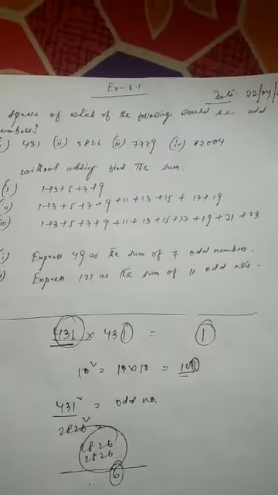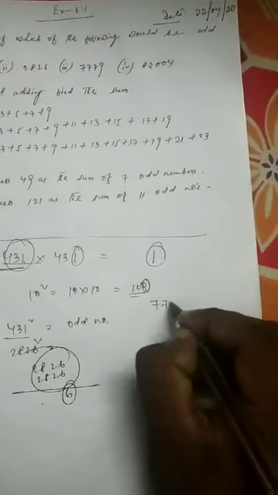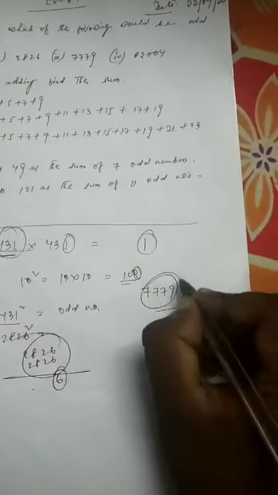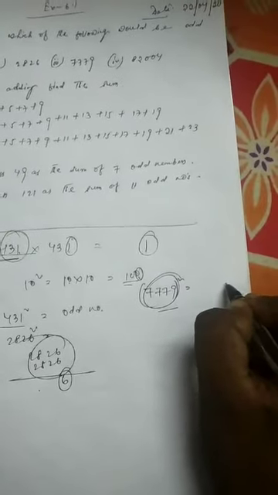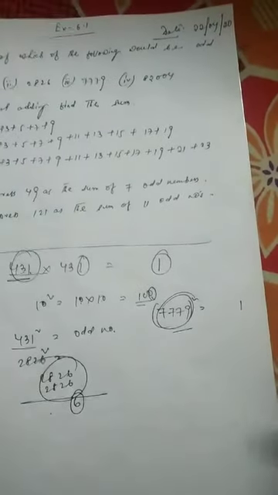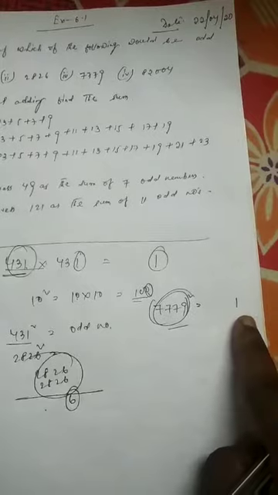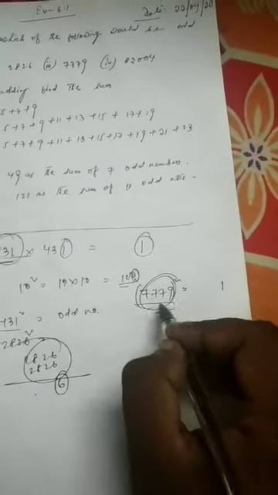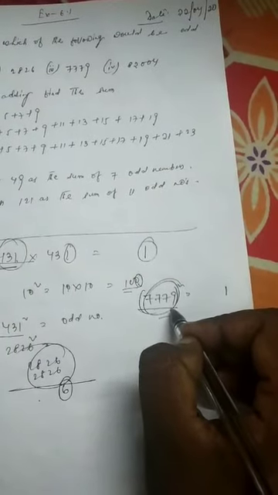Next number is 7779. The square of this particular number, the unit digit will be 1, because 9 nines are 81. 81's 1. 1 will be in the unit place. So as we can see, 1 is an odd number. So naturally, the square of 7779 will be an odd number.